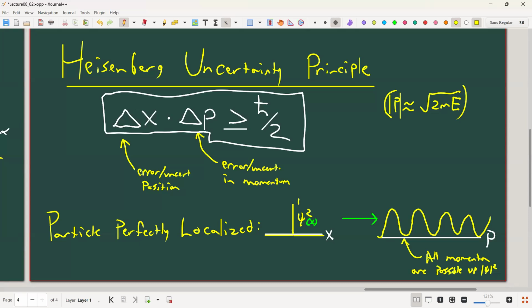Then the momentum function, the probability of finding the particle at a given momentum or energy, is delocalized. There are going to be energies that are preferred and energies or momenta that have no probability. So we have a localized particle and delocalized momentum or energy.